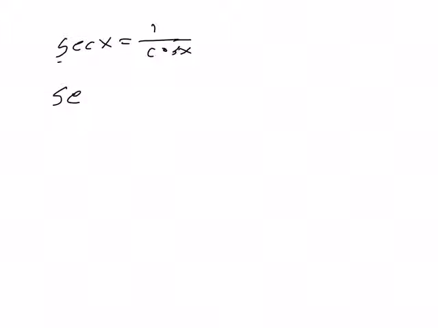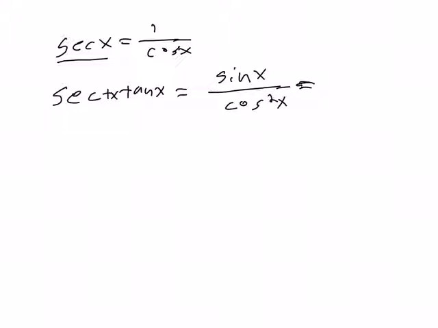So we have that the derivative of secant x is secant x tan x, and that's going to be equal to cosine times negative 1 is 0 minus, and then we get a negative sine x over cosine squared x, which these are obviously equal, right?